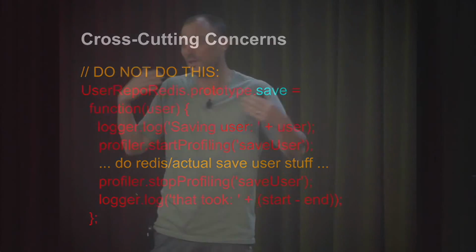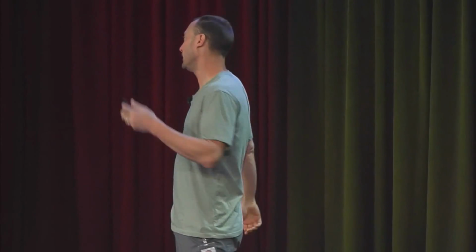And then we're going to do some more logging and more profiling. The problem here is, in our next implementation, user repo S3, if I want logging and profiling, I've got to pull all this code out of there and put it over here. And as I said earlier, you might not want logging and profiling all the time whenever you're using this object.